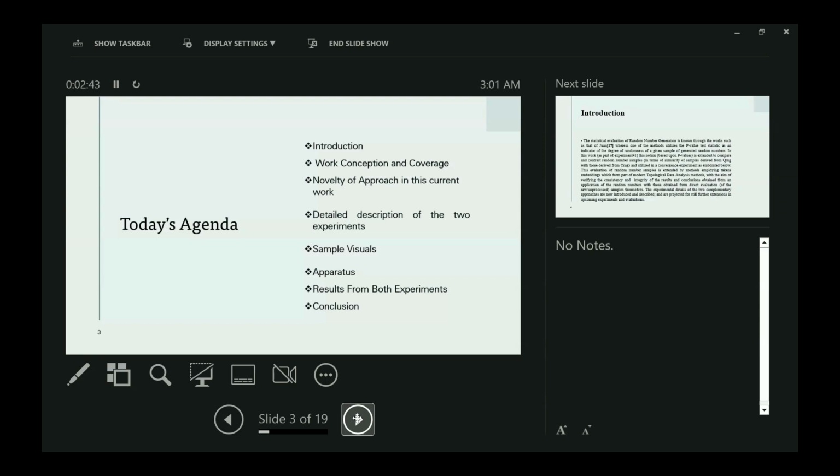Then I'll take a little bit of time to describe the two experiments that I have performed and present some substantiating visual evidence, and then I'll go over the apparatus and the results from both the experiments that we got, and then conclude for this session.